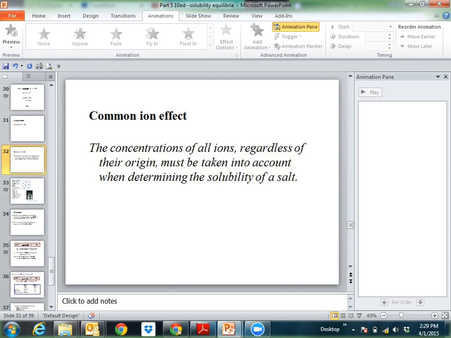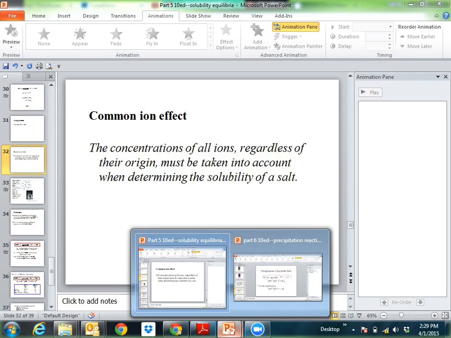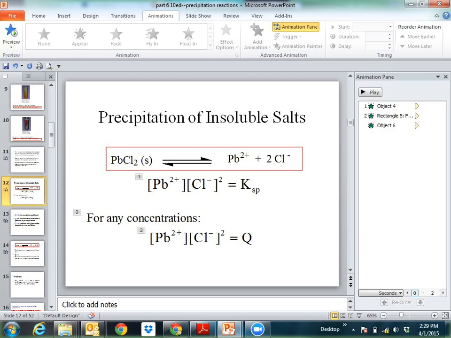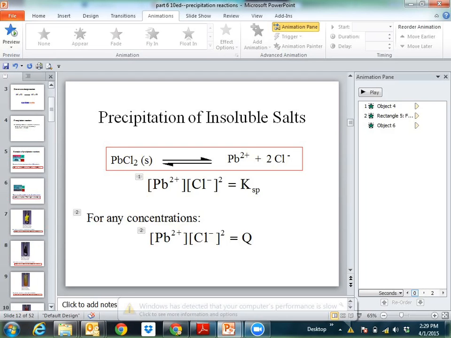So let's do a few problems in the next part. Starting with the first slide, how's that? But we won't get to an assignment slide.